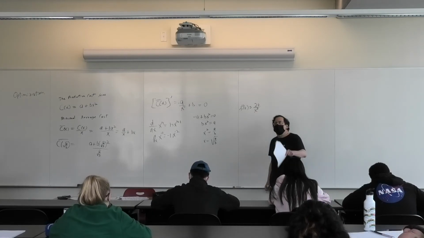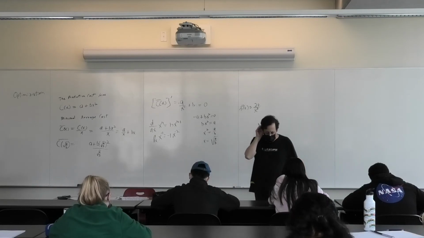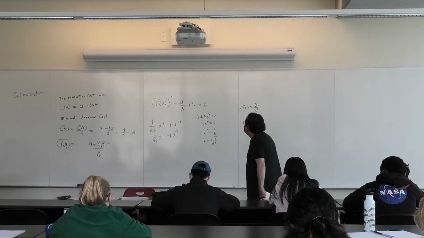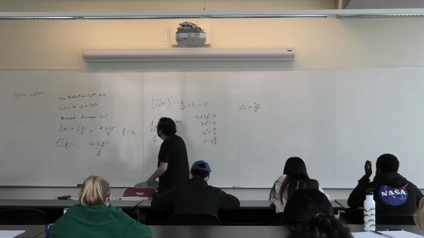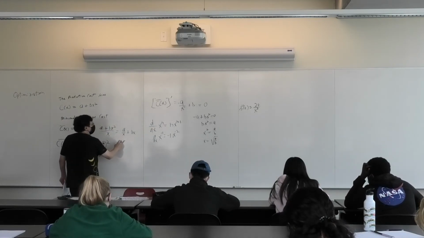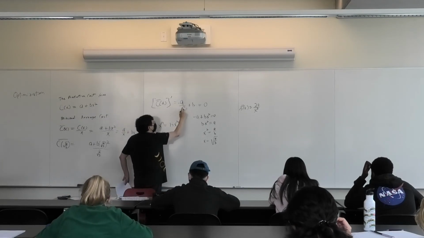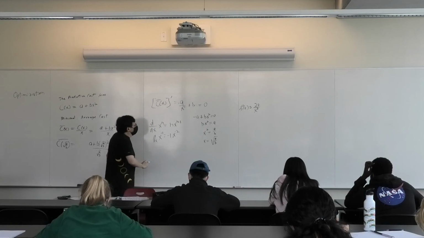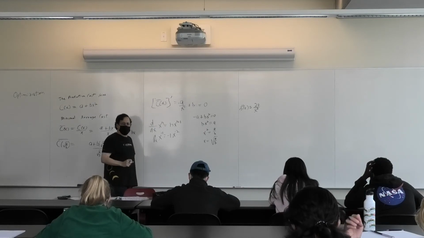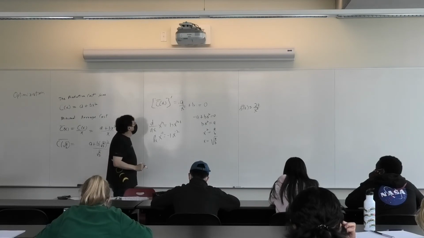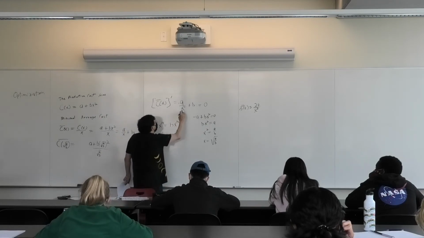Thank you. Yes? I think also for the first derivative, I think it's negative a over x, not x squared. The derivative of a over x, I'm saying it's negative a over x squared. And you think it should just be a over x? No, negative a over x. Unless, wait.